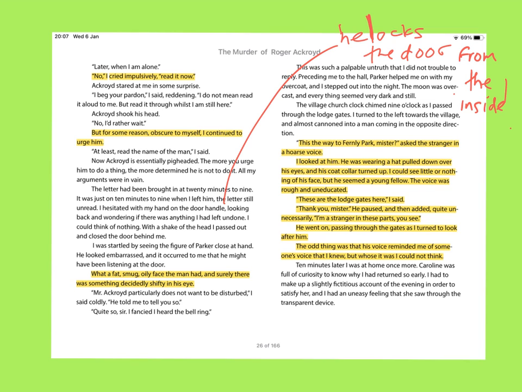So it is a cliché to suspect the butler, but she's using that cliché, and eventually you learn the layer above that, which is the fact that Dr. Shepherd is the murderer. So she takes that cliched idea and gives it an extra layer of deception. Brilliant stuff.